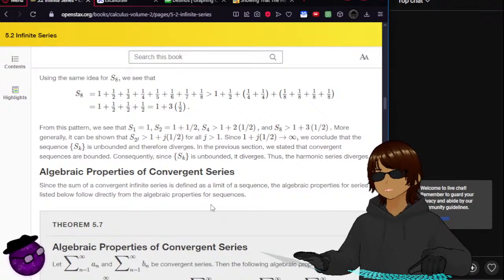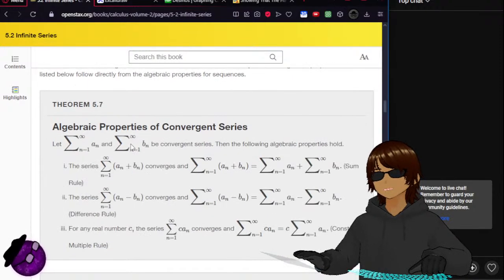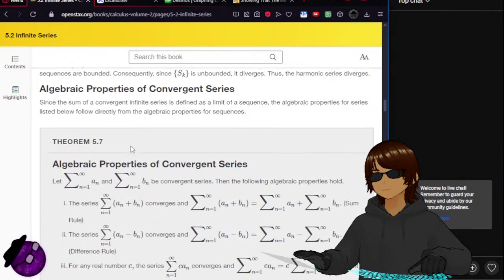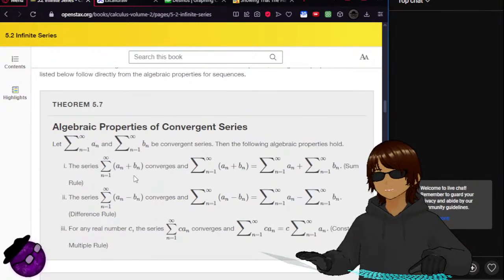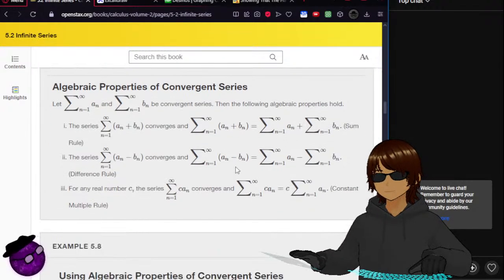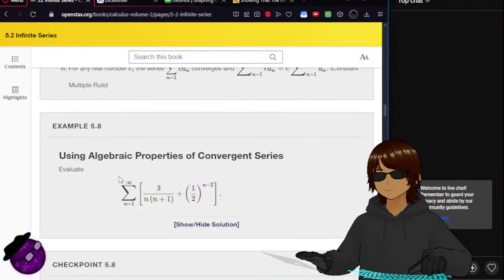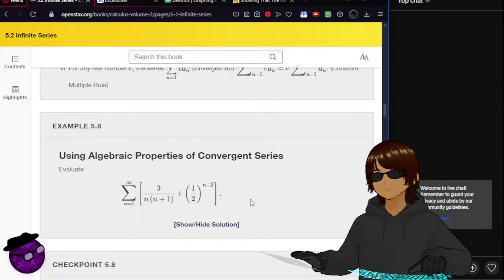Algebraic properties of convergent series. Oh yeah, we could split the addition. That makes sense. And you can take the constant out. Use algebraic properties of convergent series, so this and this would be handled separately.